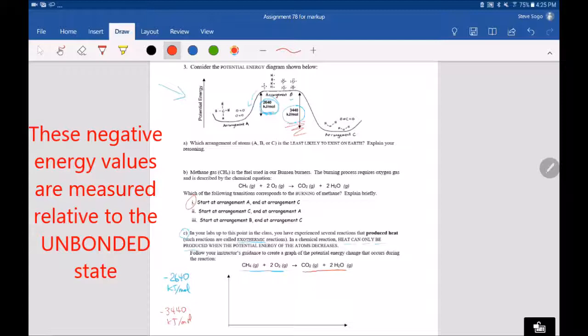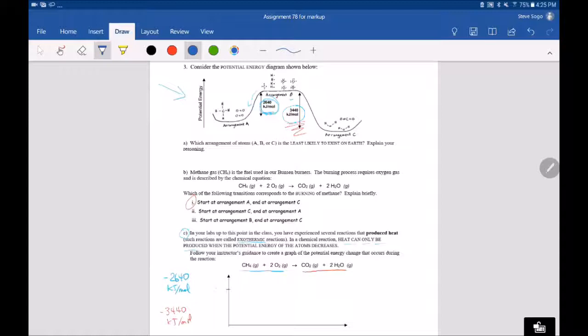So if I do that well on my graph, I'll start here at negative 2,640 kJ per mole, and I'll end at negative 3,440 kJ per mole. And if you understand how to do the profile, there's the starting state, and it drops, and here's the ending state.